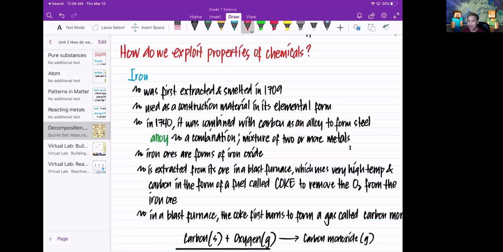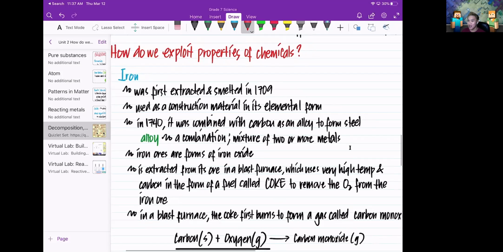So in 1709, iron was first extracted and smelted, and it was used as a construction material in its elemental form. Again, a while ago, Shayona mentioned elemental form. This is the simplest form of an element. In 1740, it was combined with small quantities of carbon as an alloy to form steel.